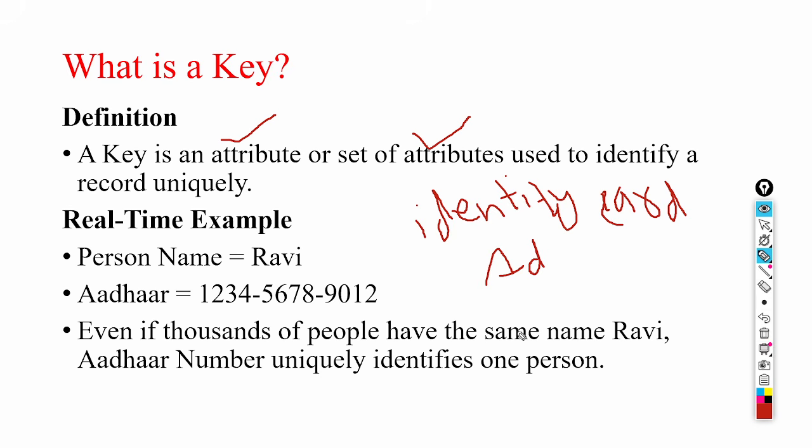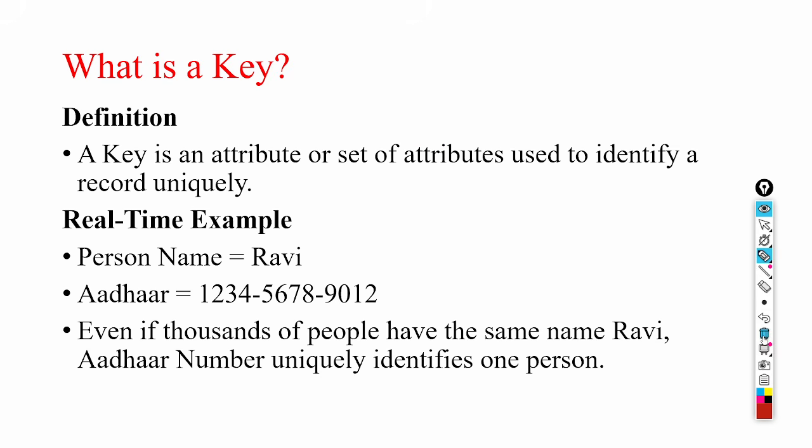For example, each and every citizen has a unique Aadhaar number, and every record in a database can be identified using keys. I will give one real-time example here. The person's name is Ravi, and their Aadhaar number is some digit string. Among crores of people, the same name is possible.